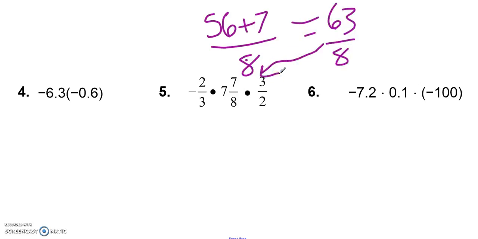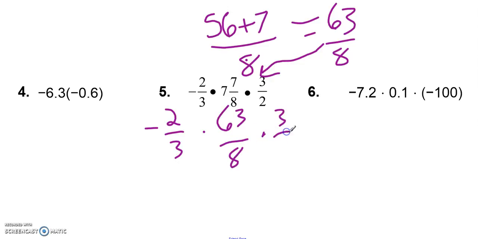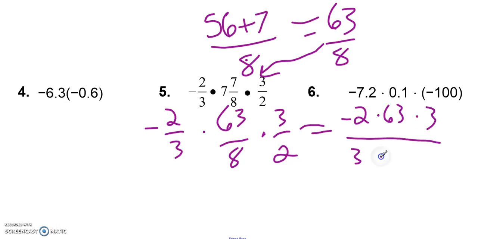Okay, so I'm just going to rewrite this times 63/8 times 3/2. Okay, so the top of this in the numerator is -2 times 63 times 3 all over 3 times 8 times 2.